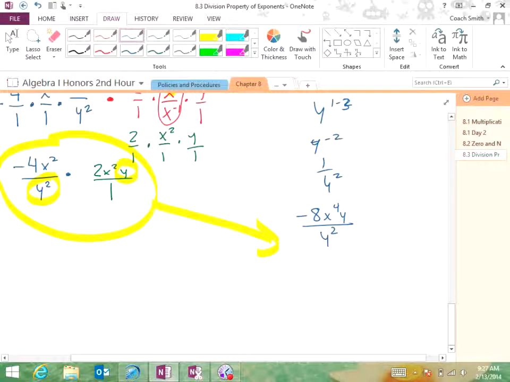That's all it does. Well, instead of cross-canceling, I can say here, those two are the same. And so that gives me negative 8x to the fourth. The 1y up here cancels out, and it knocks that down to a 1. So that's your answer.